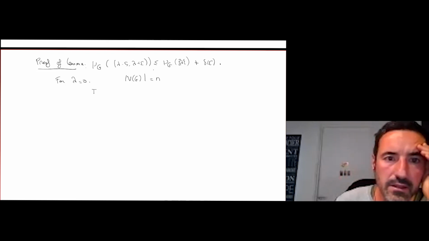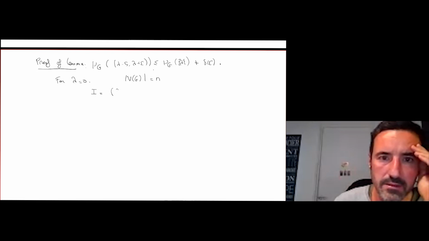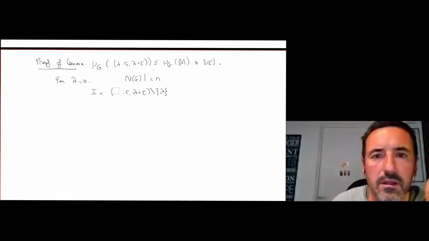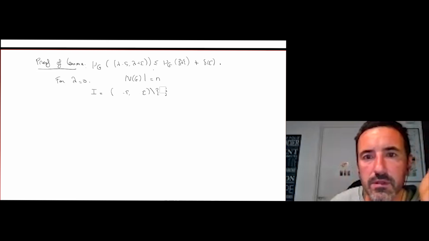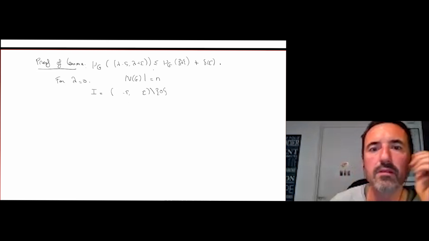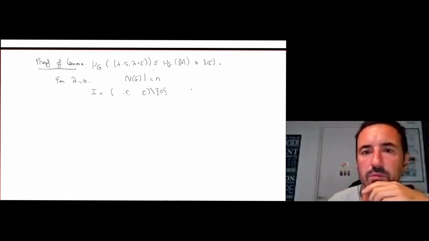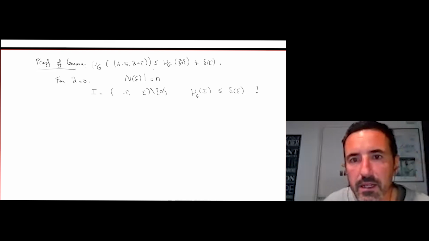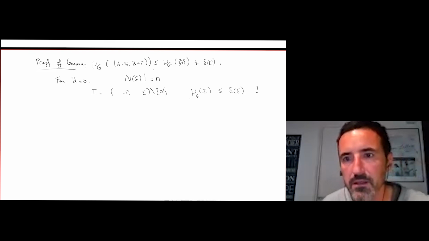Let's define the set I, which is the interval (lambda minus epsilon, lambda plus epsilon) without lambda. Our lambda is 0, so in the general case this is what you do. You have to prove that mu g of I is bounded by delta of epsilon, because you remove exactly this part. This is the question.